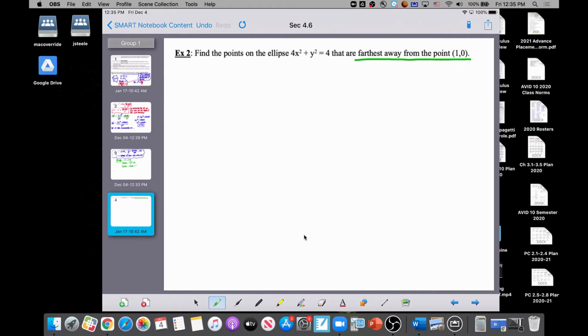Based on the shape of the ellipse, we would expect that there would probably be 2 points that both satisfy the furthest away criteria. But when we think about the point 1, 0 and some other point located on the ellipse, we're trying to maximize the distance between 1, 0 and points on the ellipse. So let's write that down.